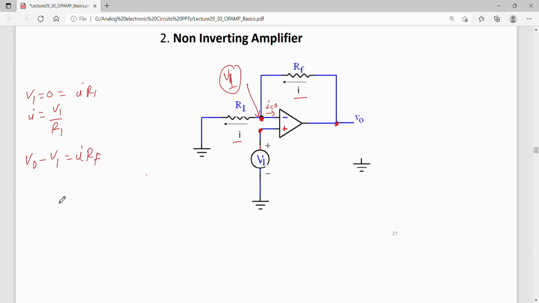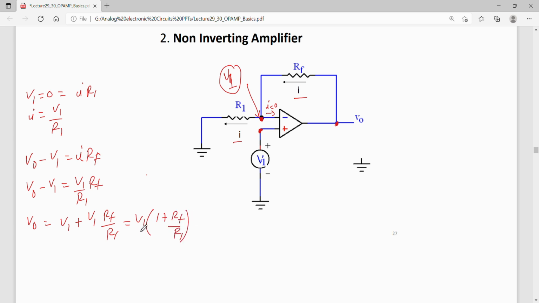If I put I as V1 by R1 from here, this becomes V0 minus V1 is V1 by R1 times RF. Bringing this V1 to this side, this becomes V1 plus V1 RF by R1, which is V1 times 1 plus RF by R1.